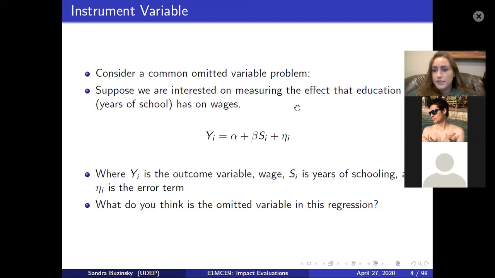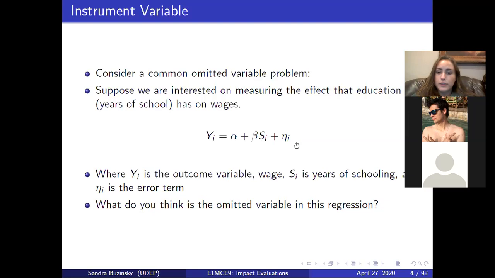So our standard OLS regression would be that wages are a function of education. Y_i, our outcome variable, wages, equals alpha plus beta S_i, where S_i is the years of school or years of education for individual i, and eta_i is our error term.